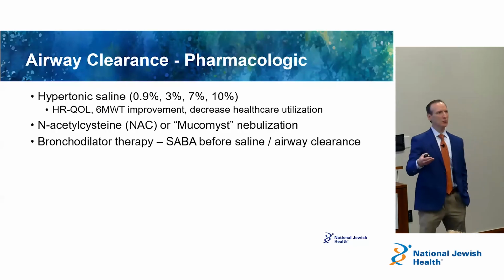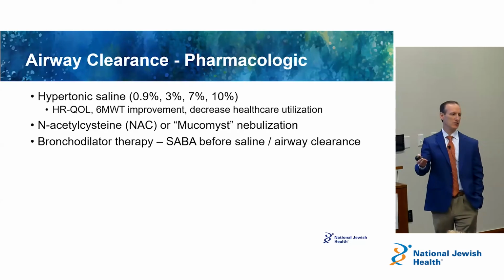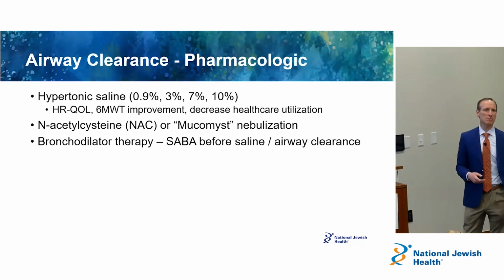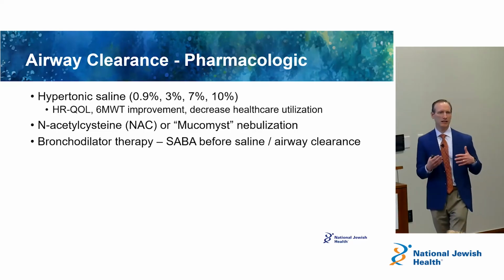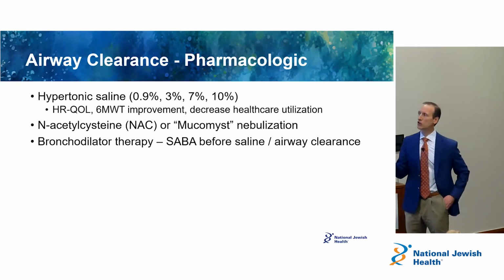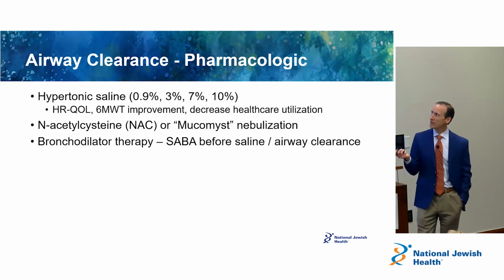So there's mechanical, but there's also pharmacologic or medication ways that we can get sputum out. And a lot of times this is nebulization, which is a mist that you inhale. And it takes about 10 to 15 minutes, sometimes a little longer, that is either with salt water with different strengths. Sometimes we use acetylcysteine or Mucomyst.